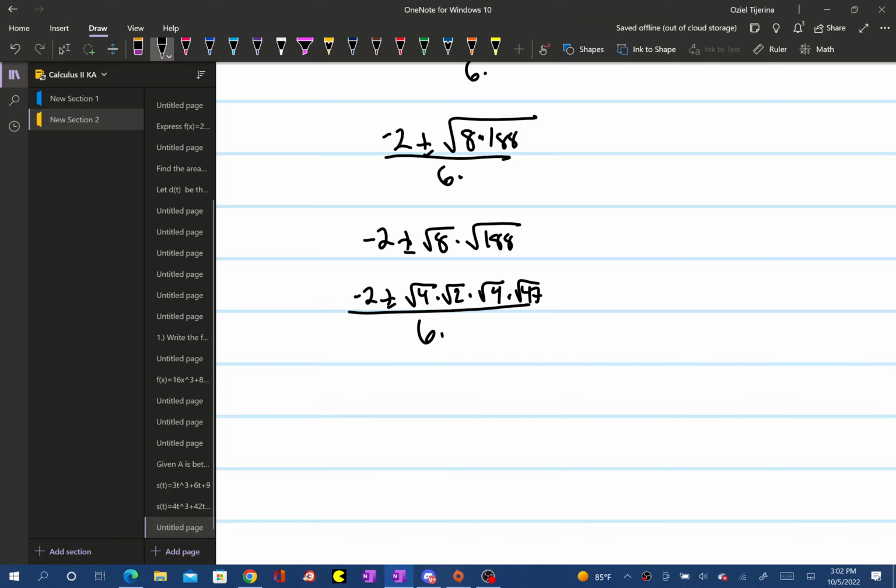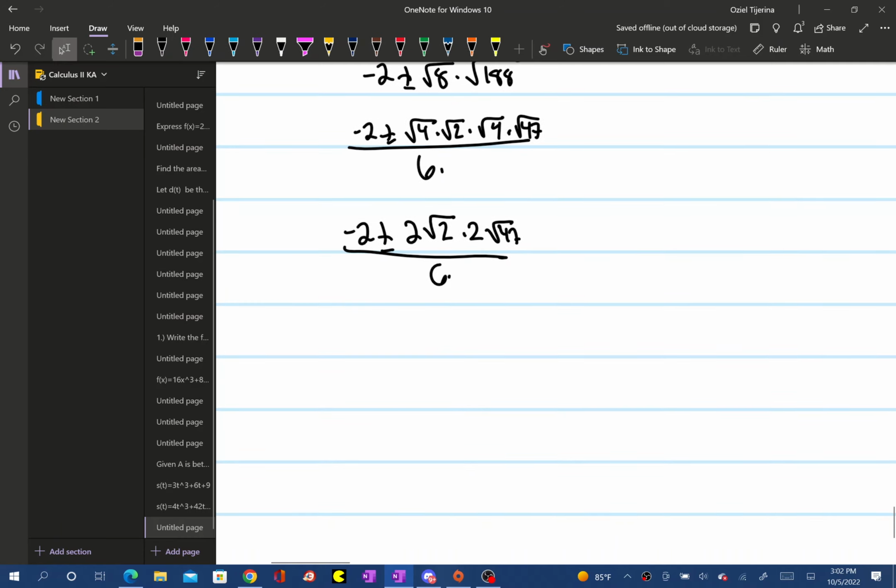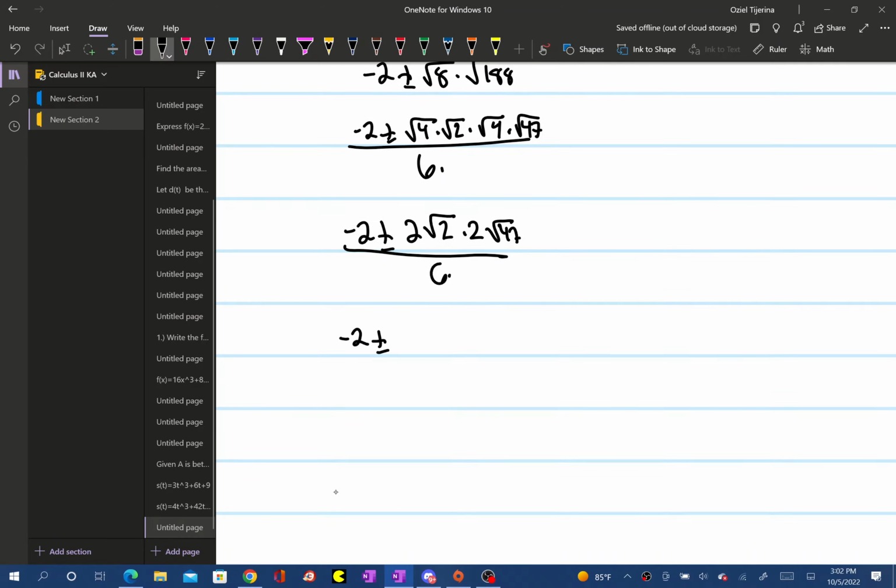Because I'm basically reducing all of this stuff, okay? Negative 2 plus or minus 2 square root of 2 times 2 square root of 47 all over 6. This gives me negative 2 plus or minus 4 square root of 96, or no, 94, all over 6.